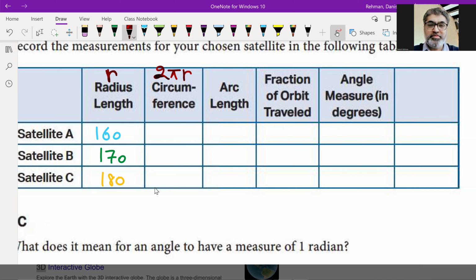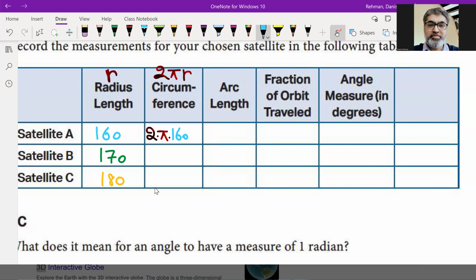So you will simply use the formula to find out the length over here. Like for the first one, what will you do? You will do 2 times pi times 160. That's how you will find out the circumference here. Whatever is the result, put it over here. That's your circumference of the orbit for the satellite A.